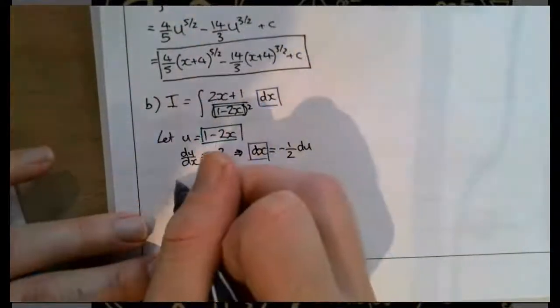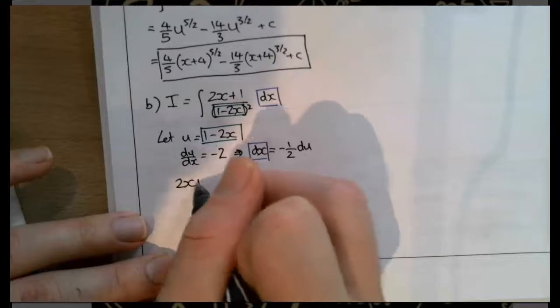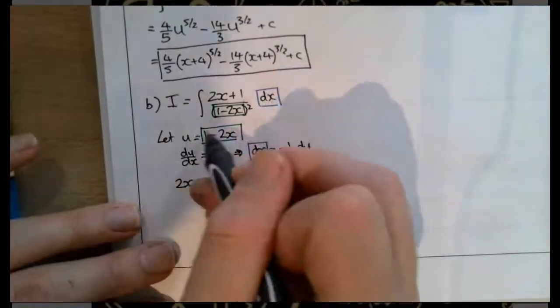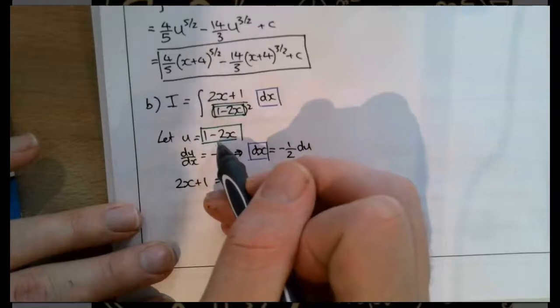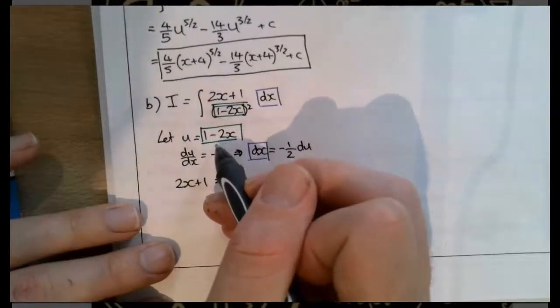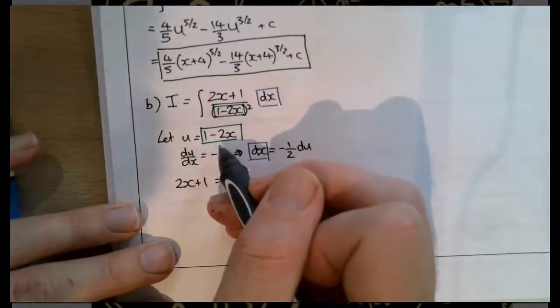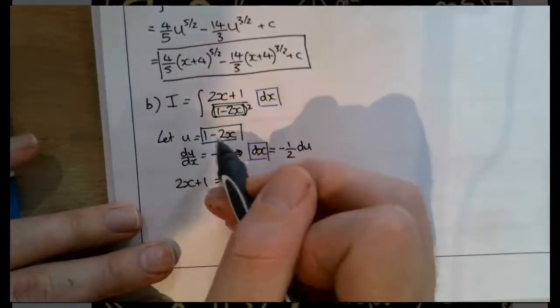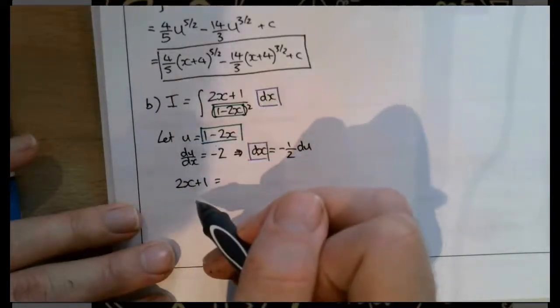I need the 2x plus 1. 2x plus 1 is, now looking at my initial definition here, if I make this negative, minus u is 2x take away 1.